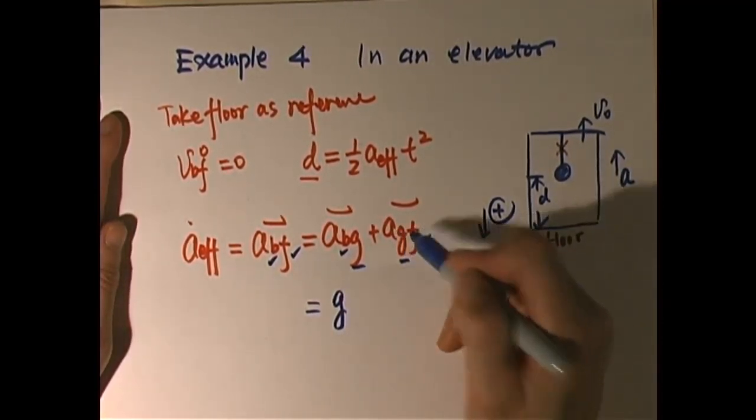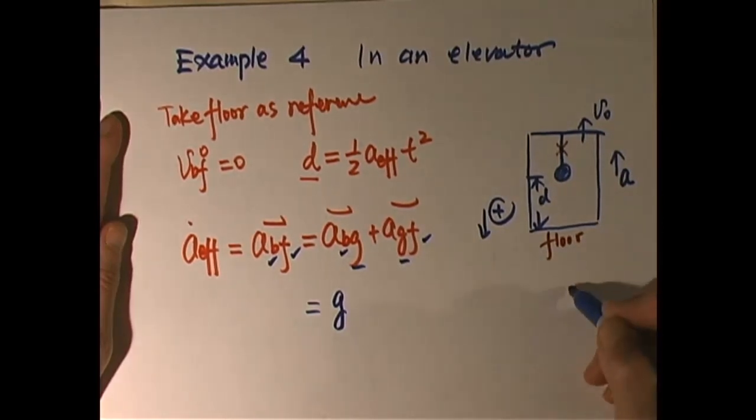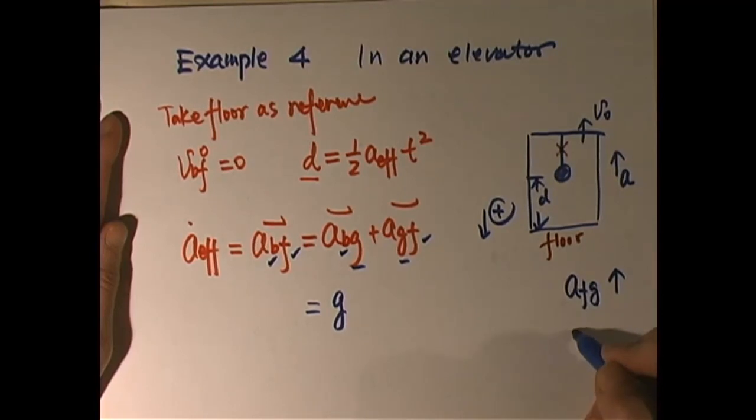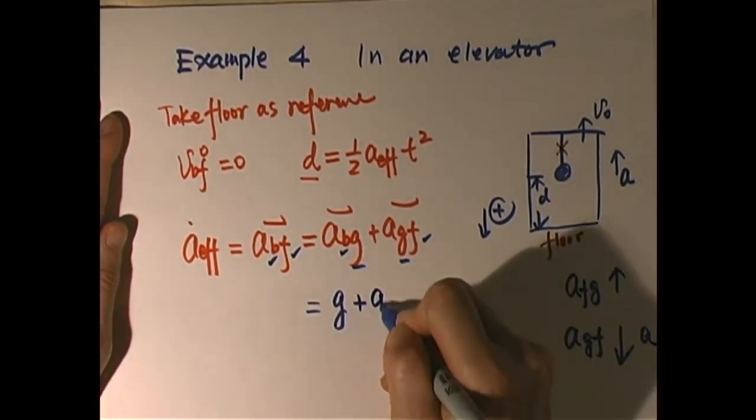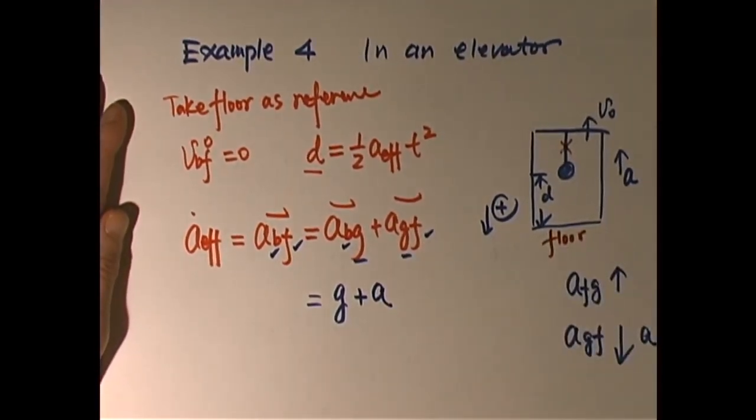Now, A floor to the ground is up, so A ground to the floor is moving down with a. Because ground to the floor means if the floor does not move, the ground must move away from it. It's moving down, and moving down is positive. That is plus a. So the relative acceleration between the ball and the floor is g plus a. That is the A effective.